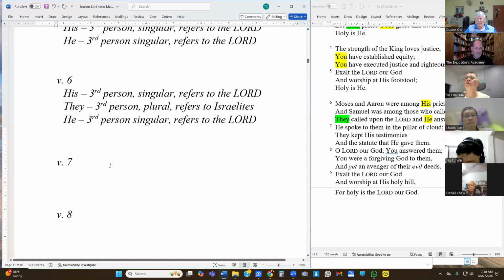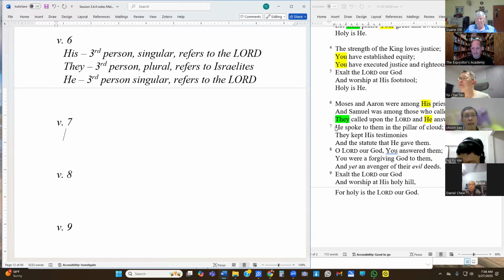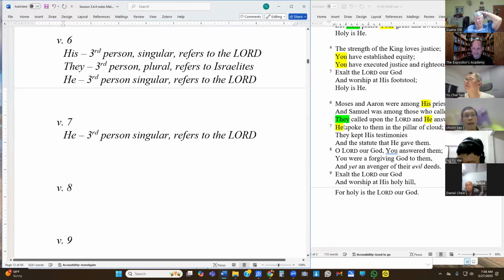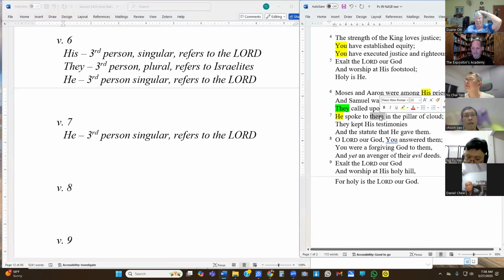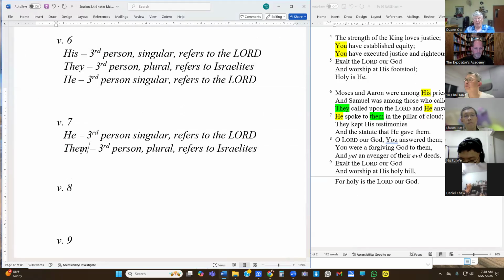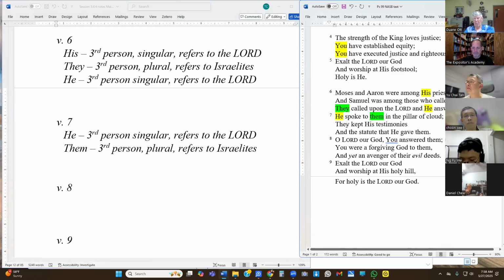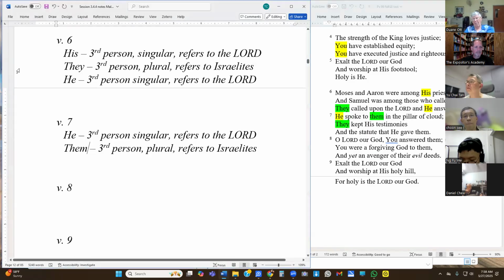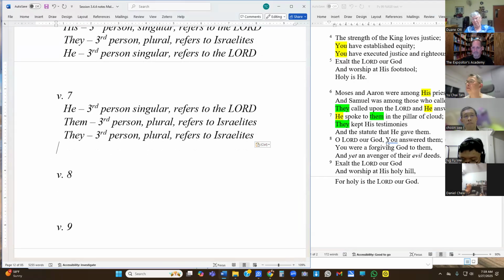Verse 7. The pronoun "he" is third person singular and refers to the Lord. "He spoke to them." Them is third person plural and refers to the Israelites. Okay, good. And on the second line, the pronoun is "they," third person plural, and it refers to the Israelites.